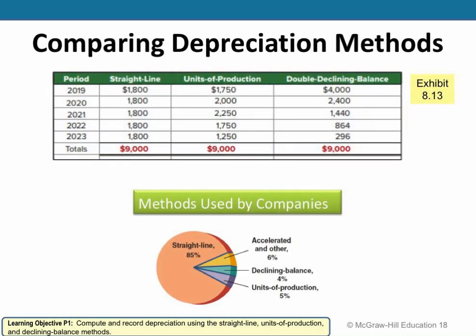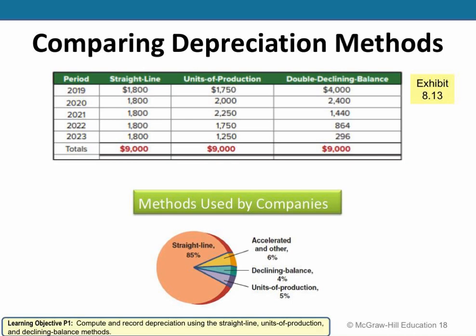So if we compare those, we can see the straight line method is the same every year. It would add to 9,000. Units of production has some variability, but always adds to 9,000. Double declining is going to shift a lot of that depreciation expense up front, and then decline over time, but still add to 9,000.